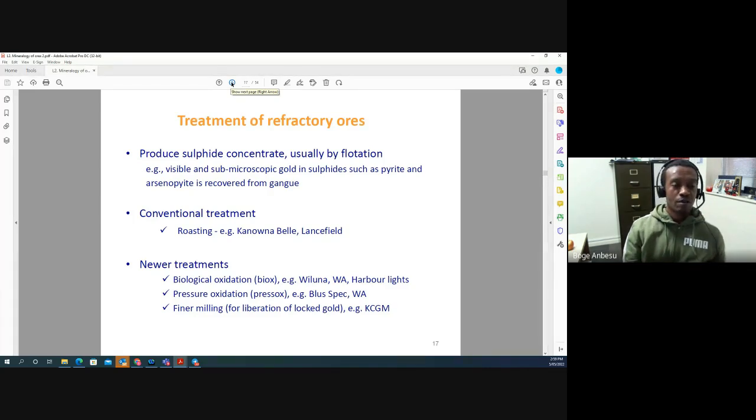So maybe someone has this, but they're not doing any pre-treatment. They just produce the concentrate and put it through a leaching tank. They're going to get very poor recovery already because they're not understanding the mineralogy of the ore. Therefore, as a result of that, they're not putting any treatment before cyanidation or before leaching, and they're going to get poor recovery.